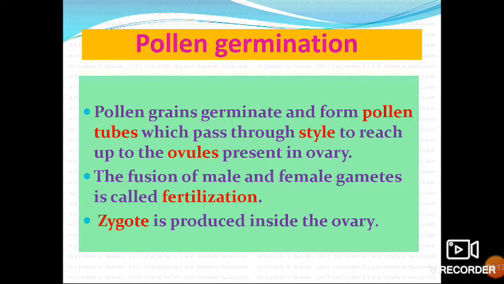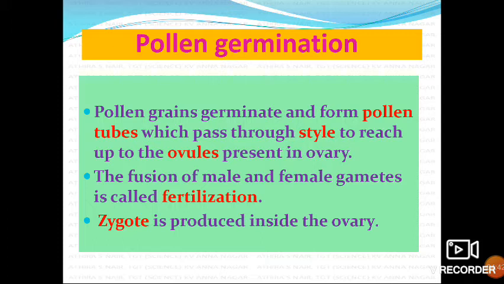The pollen grain absorbs these materials and first enlarges, and later it produces a tube-like structure that we call the pollen tube. That pollen tube passes through the style, the second part of the pistil.